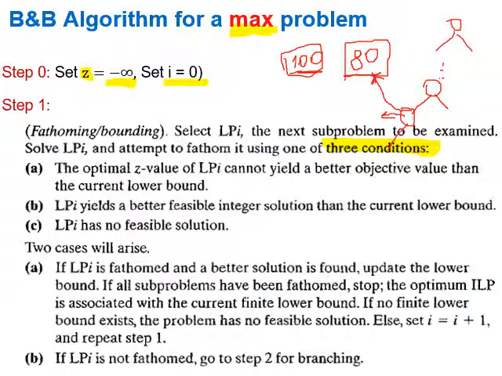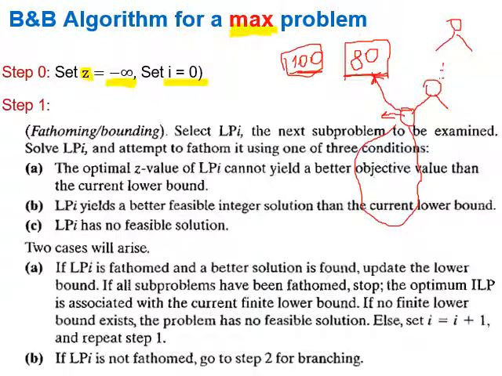Then if you branch it and solve a problem here, you have one more constraint, and with that one more constraint, your objective function value cannot be more than 80. So this 80 tells you that the best solution you can obtain from all the nodes under this one is at most 80.